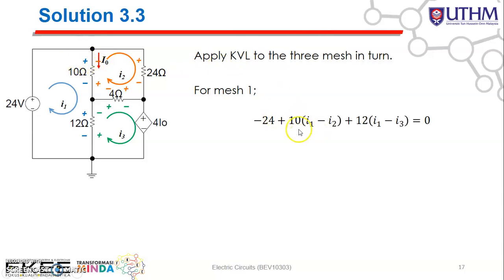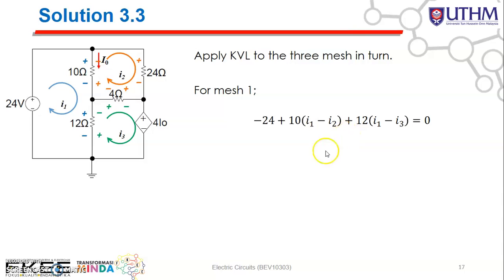Okay. So go to this side, you see the positive sign. So that's why you have 10 multiplied with I1 minus I2, plus, here you have the voltage across 12 ohm, which is 12 multiplied with I1 minus I3, equal to 0.